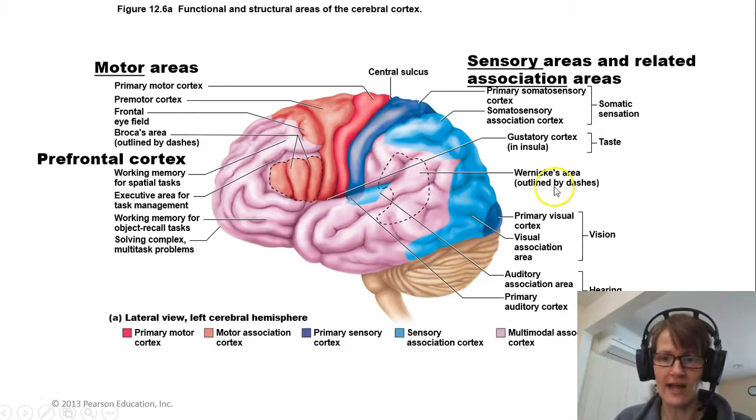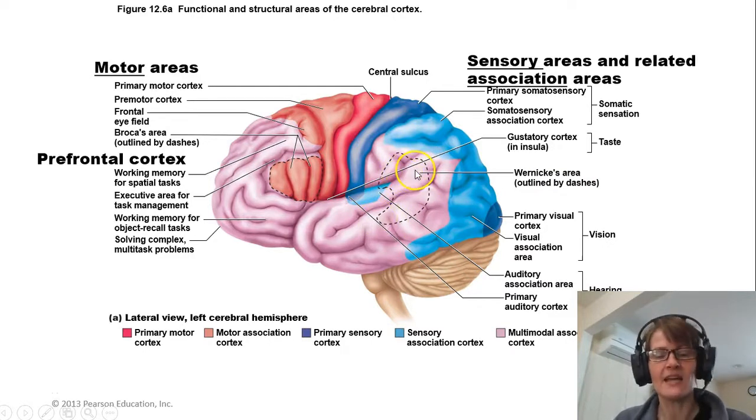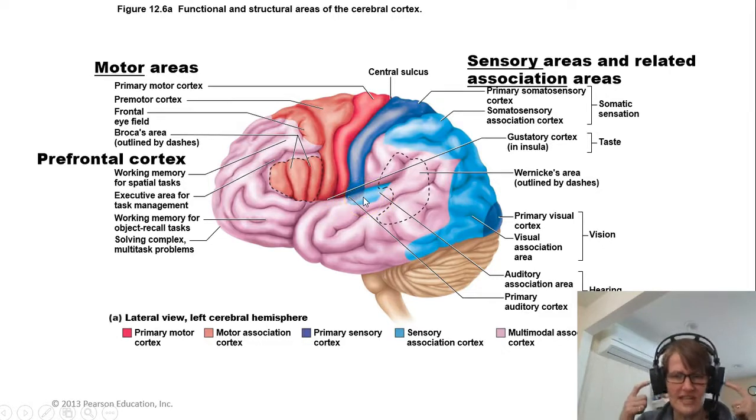We also have an area called Wernicke's area, in our parietal lobe and into the temporal lobe, and that is the area where we make sense of language. So it's not our hearing. Our hearing is actually found in the temporal lobe. The primary auditory cortex here is in our temporal lobe, which makes sense because it's just under the ear.